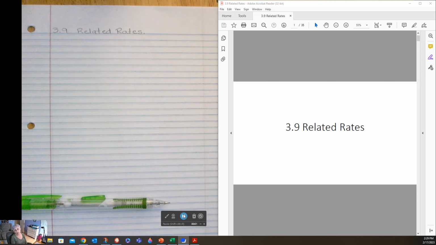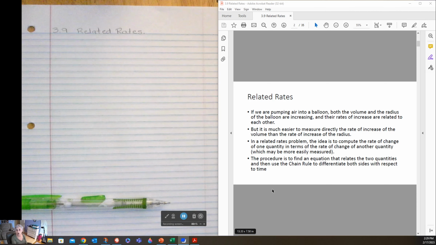Okay, related rates. We're going to acknowledge the fact that as time goes on, more variables than just one are changing. So we'll need to know the relationship between how the different variables change. For example, if we're pumping air into a balloon, both the volume of the balloon and the radius of the balloon are increasing.